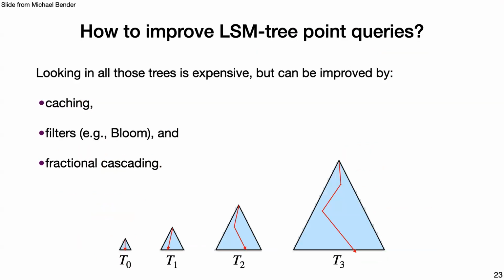The problem was that we had to look at all of those trees, which is what got us the log squared. There are several ways that we can improve it. One, we can use caching. We can use Bloom filters, which we talked about a little bit last time, but I want to talk about them more in depth today because they are actually interesting. And there's a technique called fractional cascading that I'll go through later.